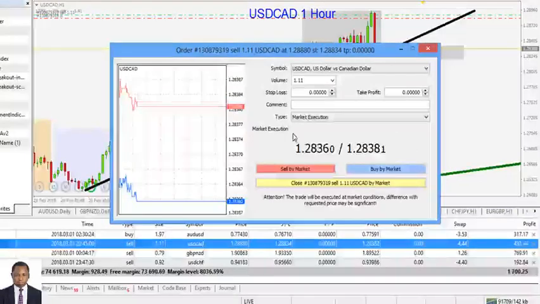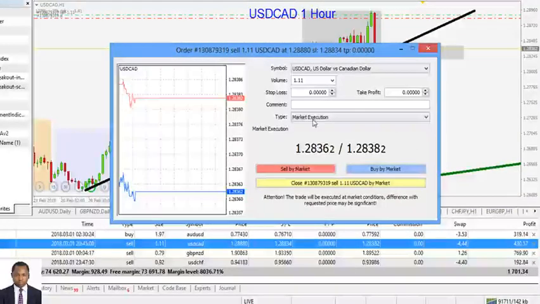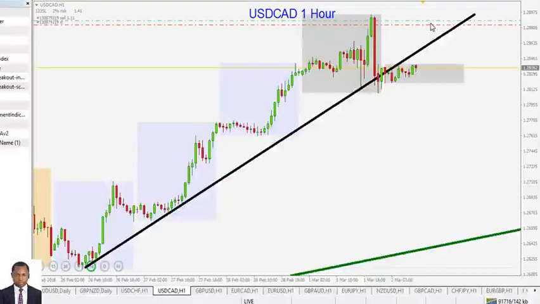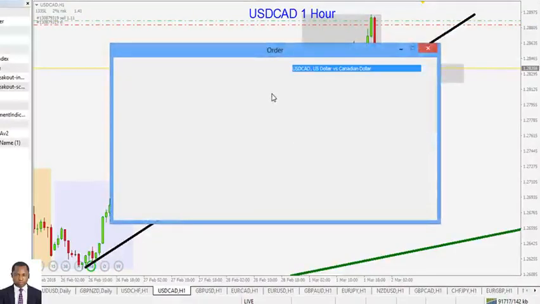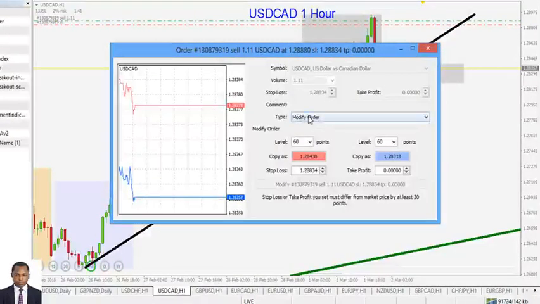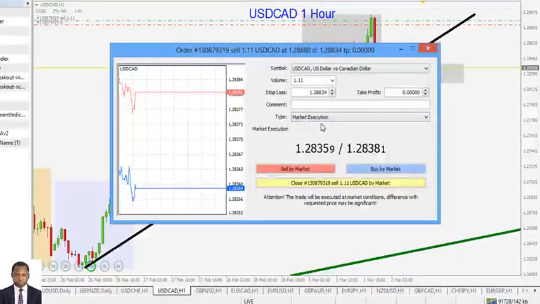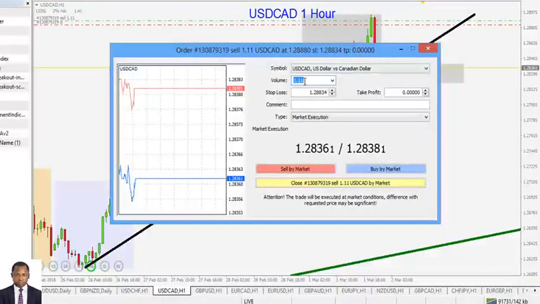The box is going to pop up. Can you see that? I usually just do it here, I don't go to my terminal anyhow. Click on it, then I take market execution. I put in the lot size I want to cash out, which is 0.6 lot size, and I am going to close that.